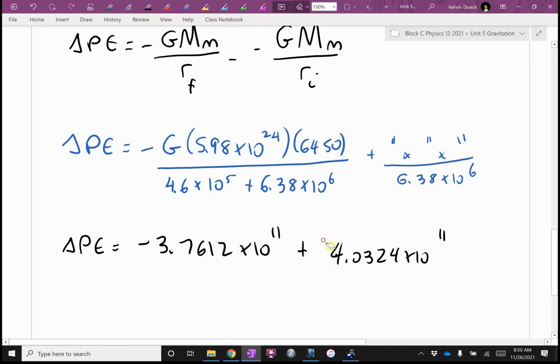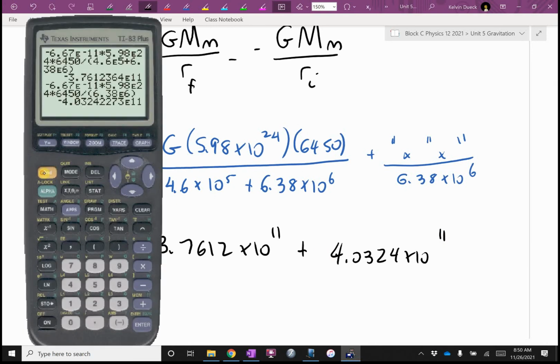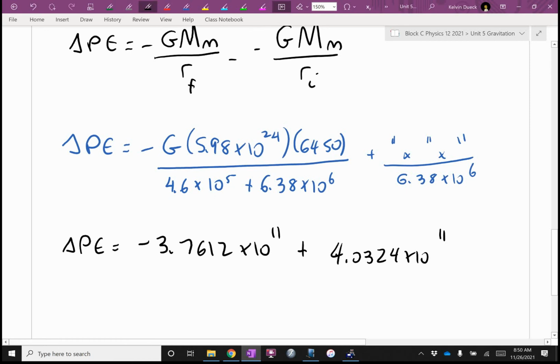Not negative, Mr. Dewick. I forgot to delete the negative. Silly me. Let's do that again. Don't forget to nuke the negative, Mr. Dewick. There we go. And so now I add these together.